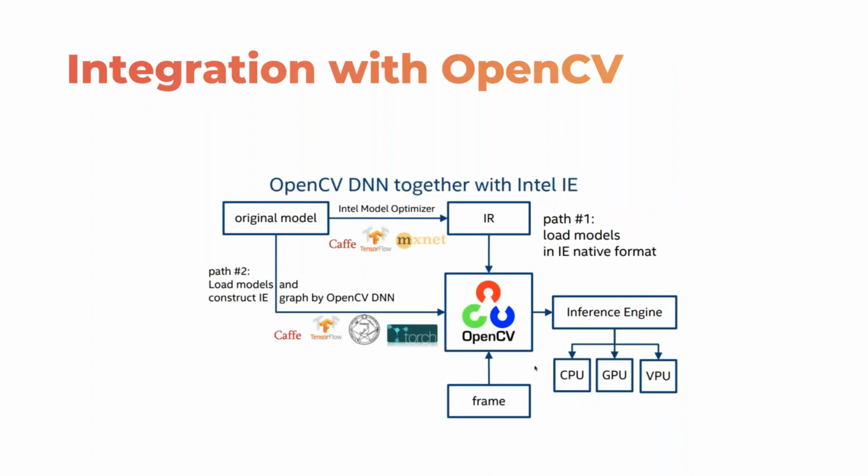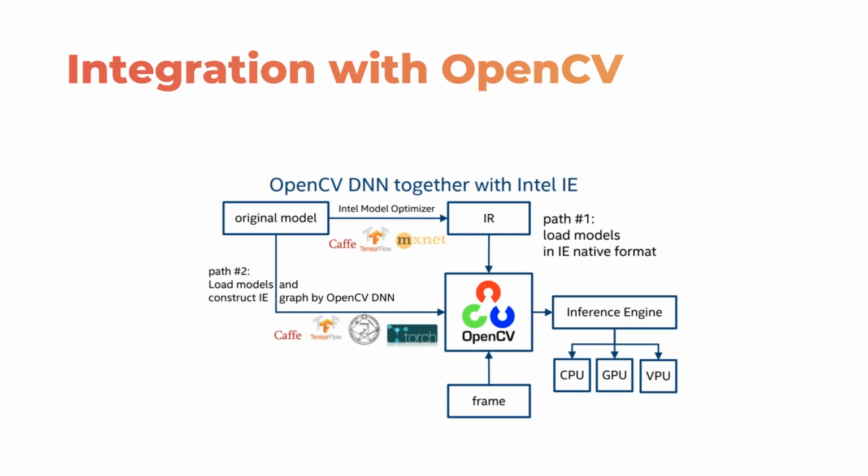Now, when it comes to OpenCV, OpenCV is basically a library used by a lot of C++ and Python developers for performing computer vision based inferencing and processing. OpenCV existed much before OpenVINO Toolkit became available. But the good news is both Intel and the OpenCV community have worked very closely to perform a tight integration of these two toolkits.